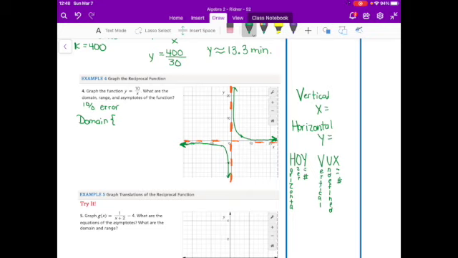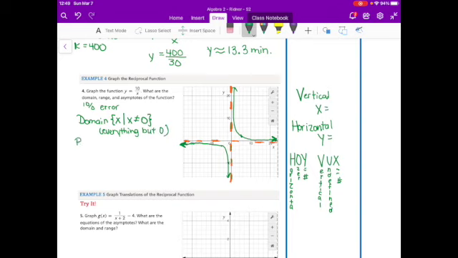Here's the way mathematicians write that, because that's too many words for them to write. They put a brace here and say all x such that x does not equal 0. That just means everything but 0. So maybe as a good note taker, you write that everything but 0 is what that means.